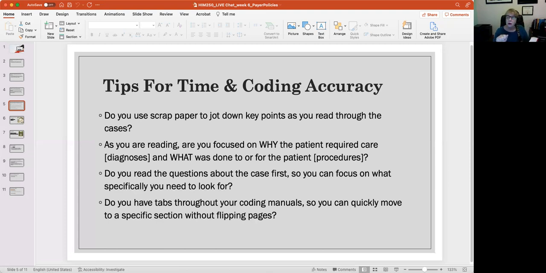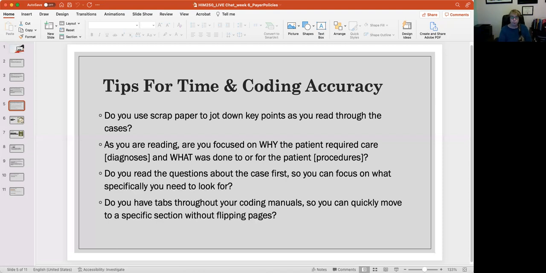You're not allowed to have papers inside your code book, but you are allowed to have these tabs. They sell these little Post-it tabs everywhere. They sell them in Walmart and Target and of course Staples, and I may have even seen them in Publix or the grocery store. So it makes it easier for you to get to that point. It saves you time from flipping through thousands of pages.